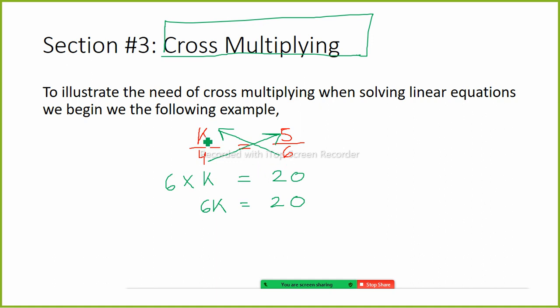So 6 times k is 6k, and 4 times 5 is 20. Good. Now we're going to divide both sides by 6. So it's going to be 6k equals 20. Then we can divide both sides by 6.